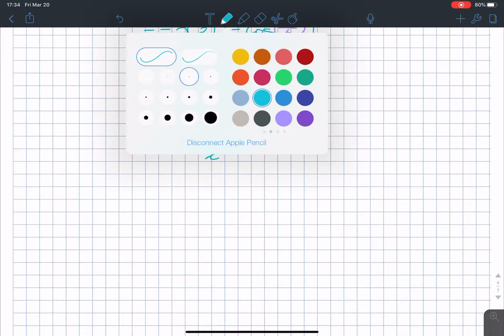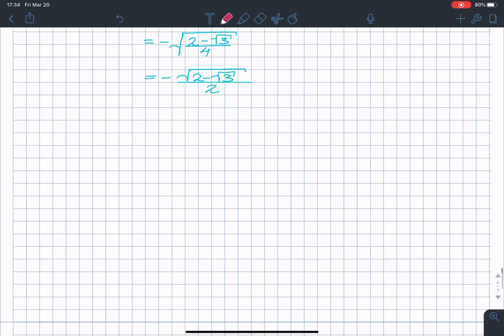But once again, let's recall. The ratio was root 6 minus root 2 all over 4 to root 6 plus root 2 all over 4 to 1.